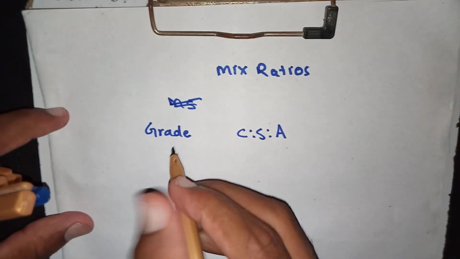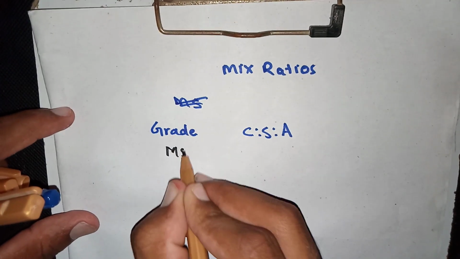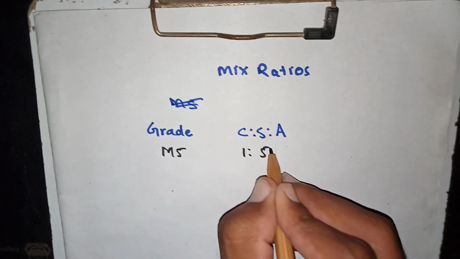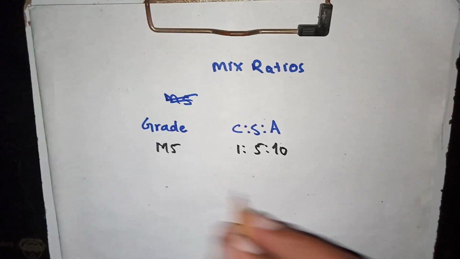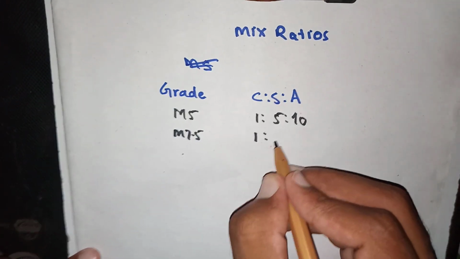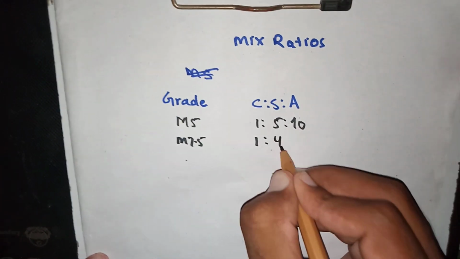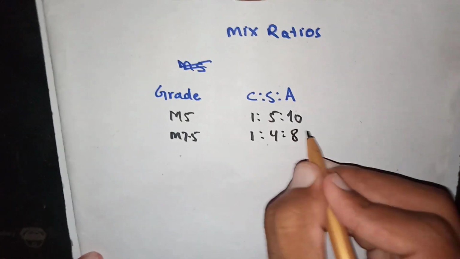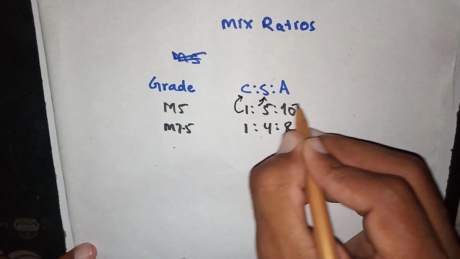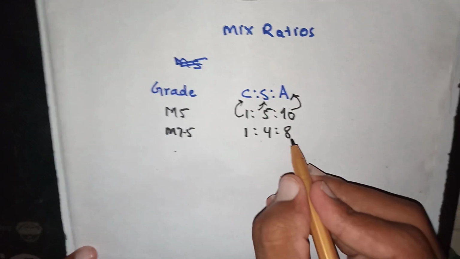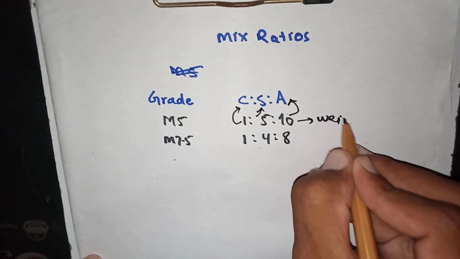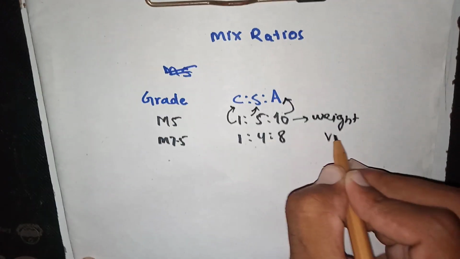For M5 it is 1:5:10. For M7.5 it is 1:4:8. What is this? 1 is cement, 5 is sand, 10 is aggregate, either by weight or by volume.